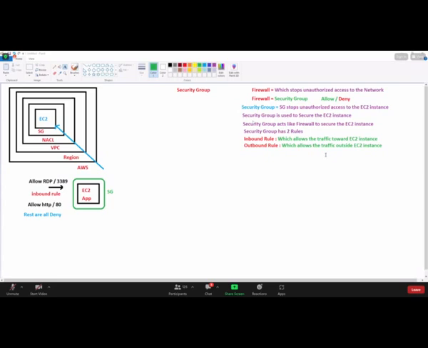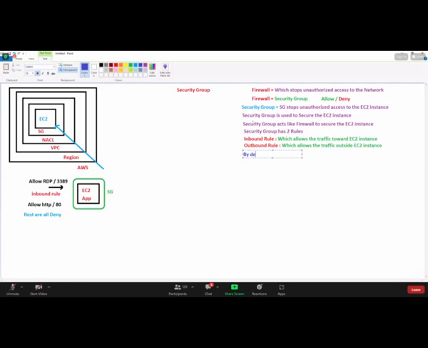Rest everything will be denied. Understood? Okay, so here I'll write: by default, inbound rules are denied. Outbound rules are allowed.